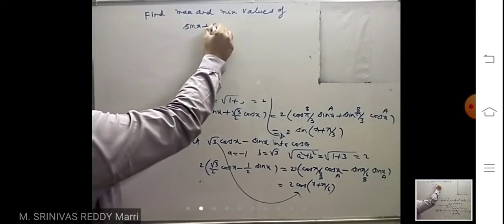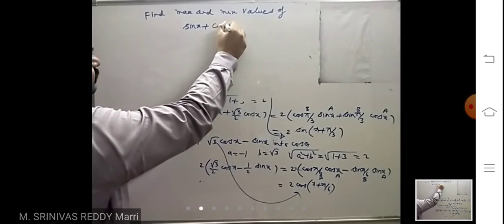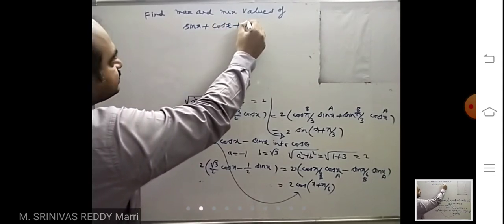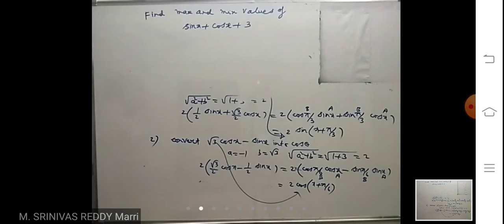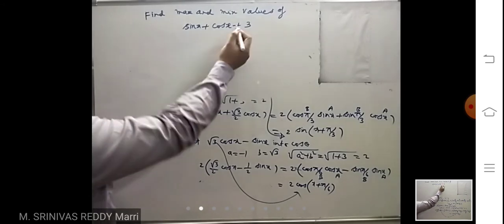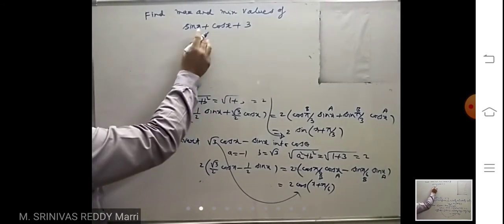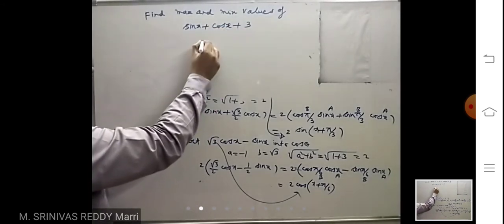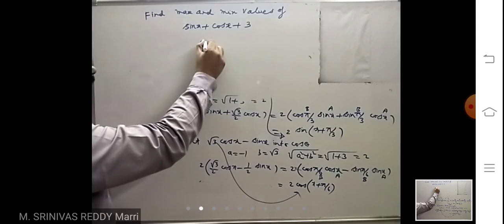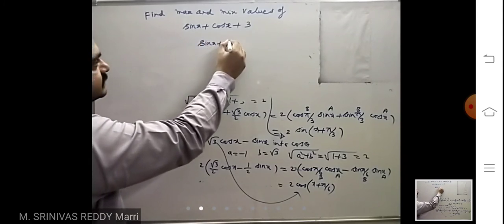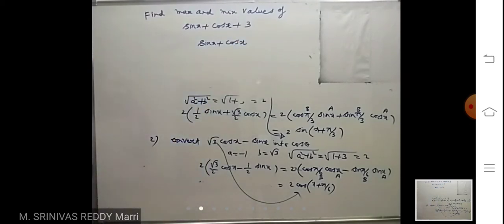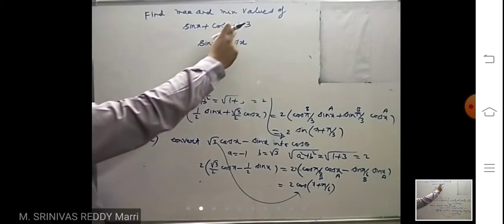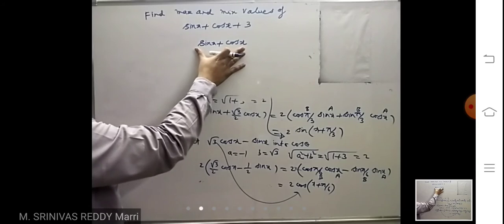Sin x plus cos x plus 3. Look at. For this, what I am doing is I am taking sin x plus cos x only.